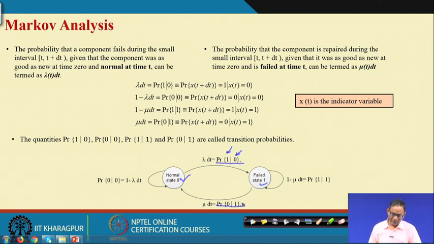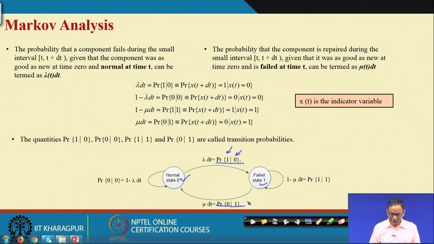Then we will assign parameter values, lambda and mu, to those probabilities, and we identify all possible states and their probabilities, and then we try to formulate the problem as an unavailability analysis problem to find out how to calculate the unavailability of the component.